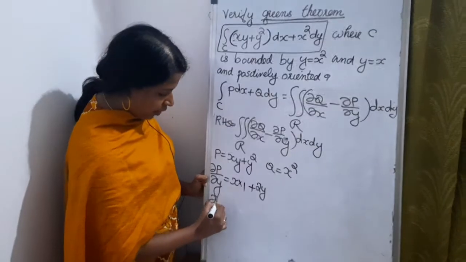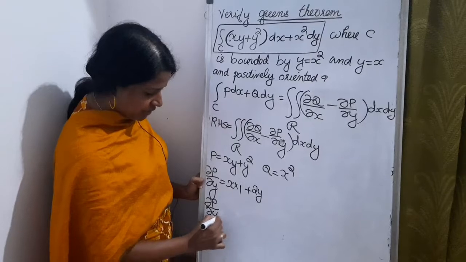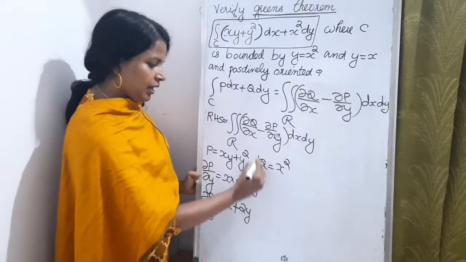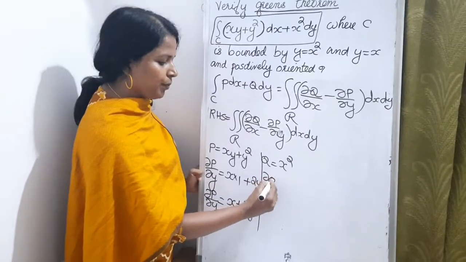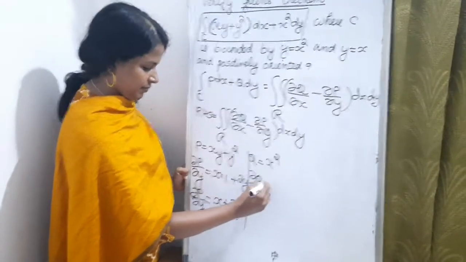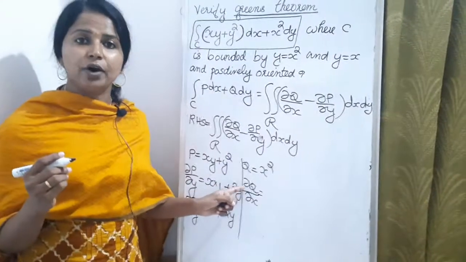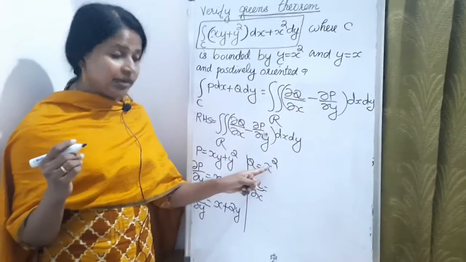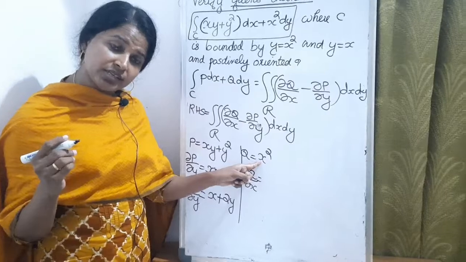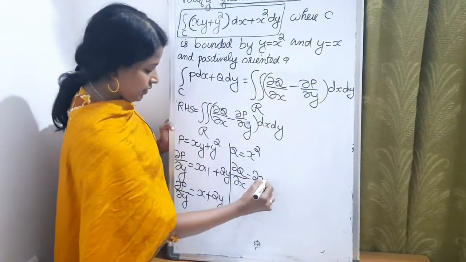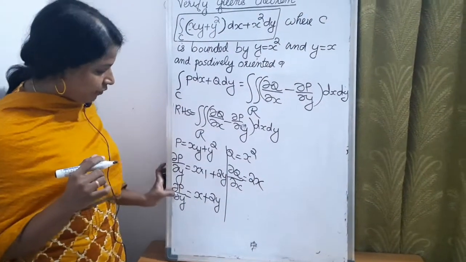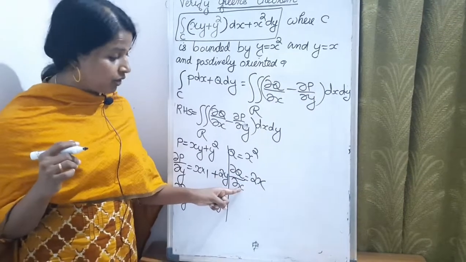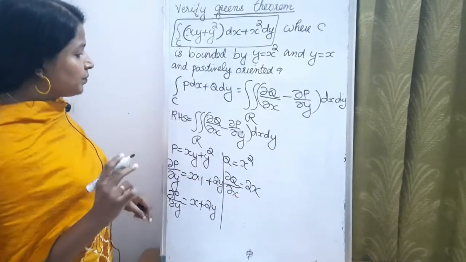That is, dou P by dou y is equal to x plus 2y. Dou Q by dou x, differentiating Q with respect to x, the derivative of x square with respect to x is 2x. That is, dou P by dou y is x plus 2y and dou Q by dou x is equal to 2x.